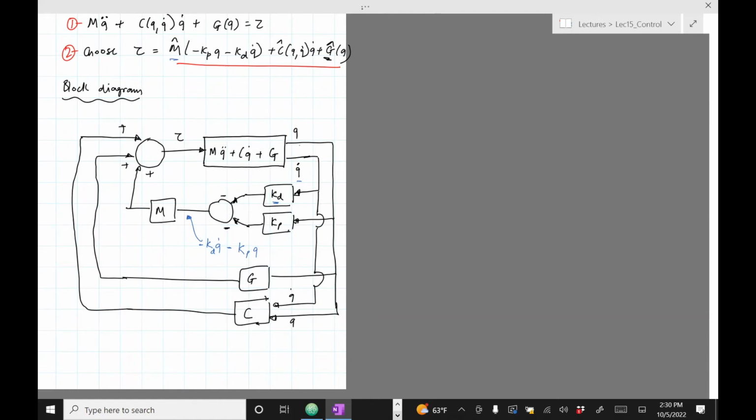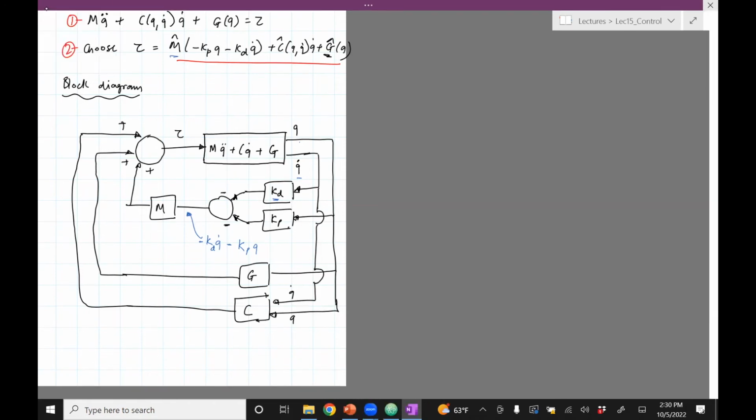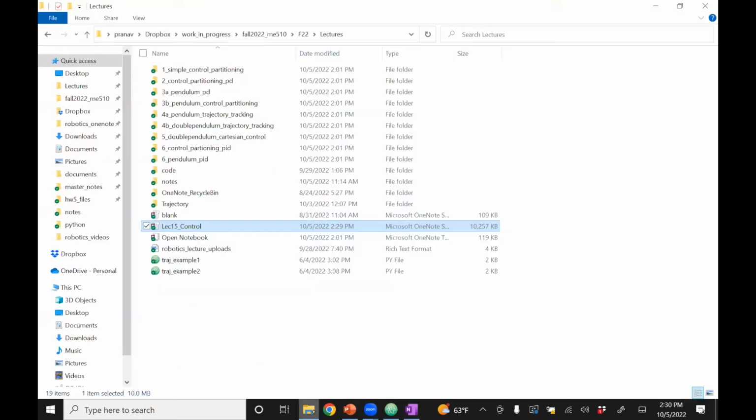So what this controller ensures is that if you have an n-dimensional system, and if you perturb the system, then it springs back to 0, 0, right? That's the goal. I'll show you. I'll just have some code which does this on some hypothetical system where the parameters are just randomly assigned.